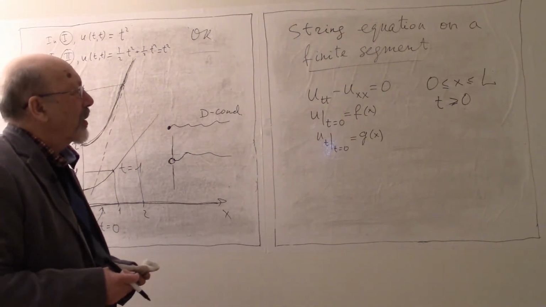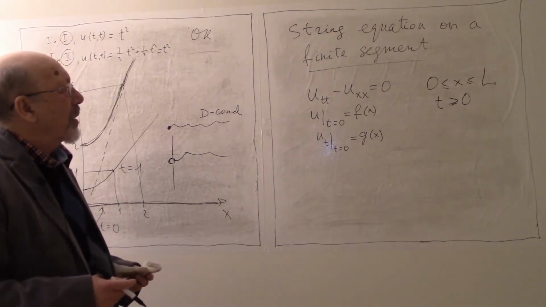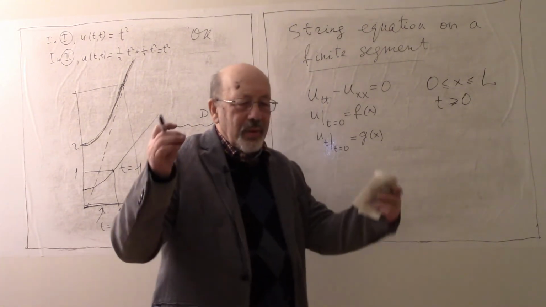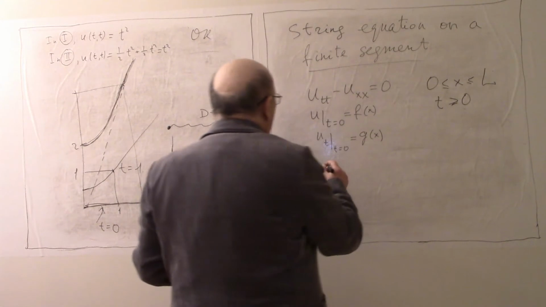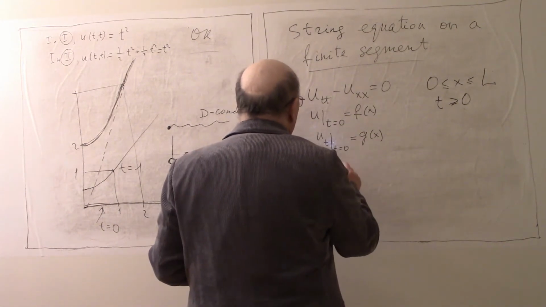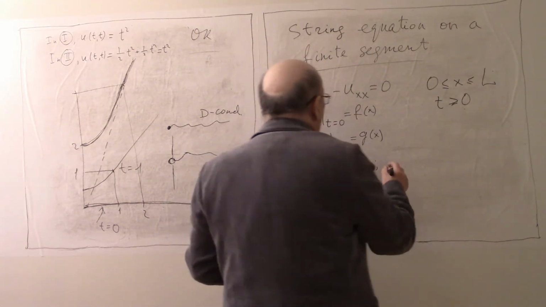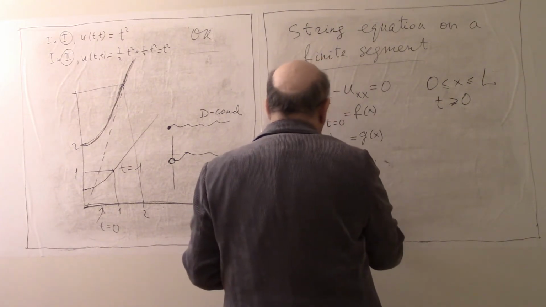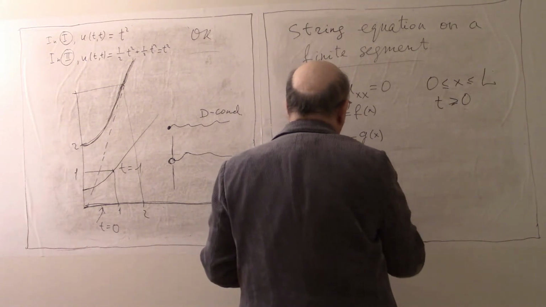These are the most classic conditions. Now, let us start from the Dirichlet condition on the right and on the left hand. So we write the condition u for x is 0 is 0, and u for x equal L is also 0.